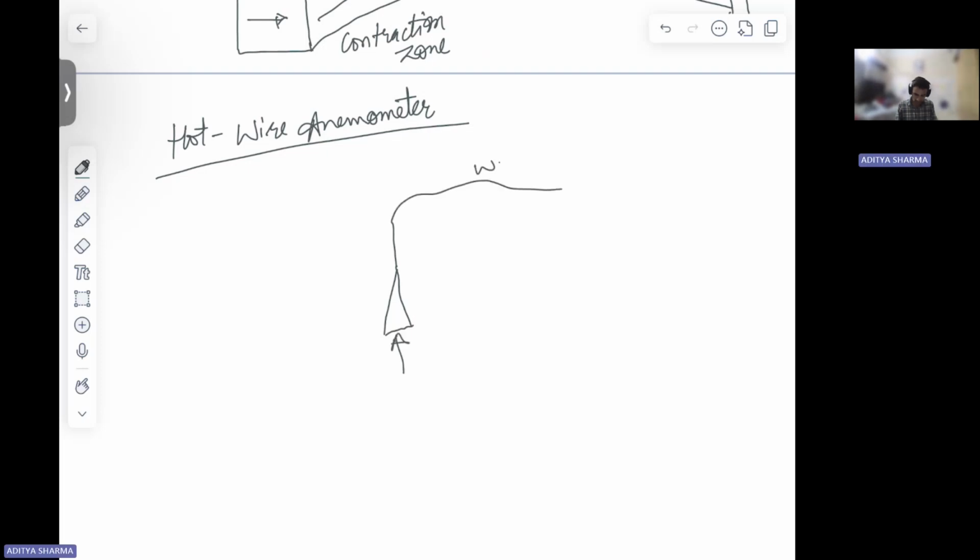This is connected to a wire. These are prongs, two prongs.